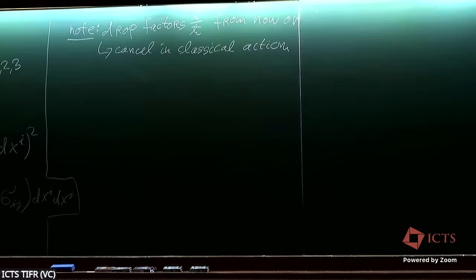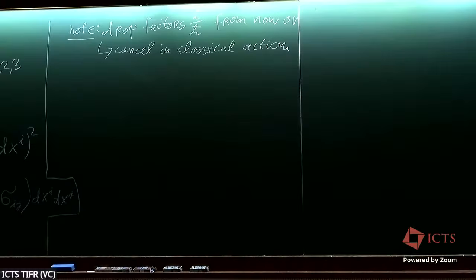However, in the end, we'll put it in front of the action. The classical action will be whatever comes out of the diagram calculation with i divided by h bar pulled out in front. And the factors of i always go with the h bar, so always when you have an h bar, it's divided by i.